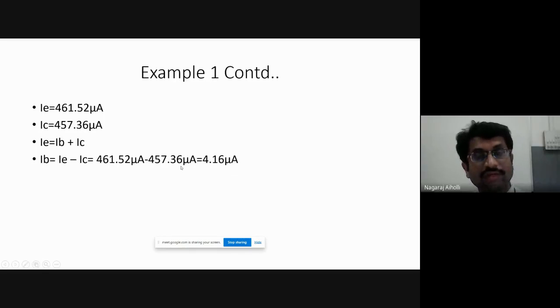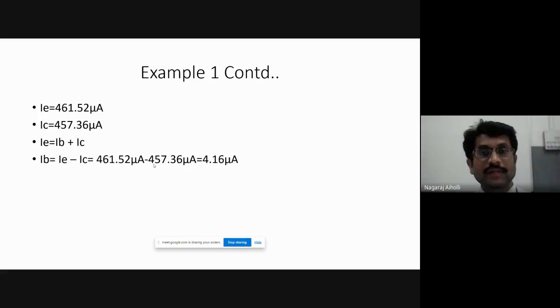Like this, you can cross verify your answers. Cross verification is also important. Whatever values we are getting, we have to cross verify the answers to check whether the calculations we have made are correct or not. Here the base current value is less as compared to emitter current and collector current. That means whatever calculations we have made is correct.